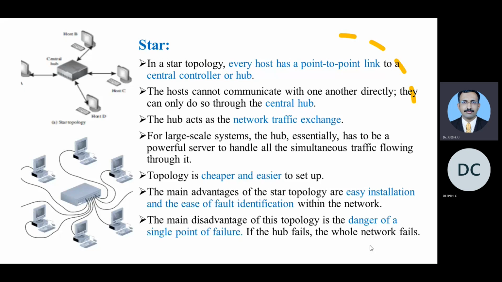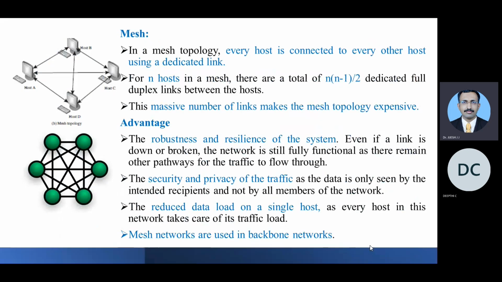I think all of you are clear with that. Then we have also seen the mesh topology. So what is there in the mesh topology? You can see that every host is connected to every other host using a dedicated link. So what will happen when you have a dedicated link? If any link breaks, meaning you lose the connectivity between one host and another, it doesn't mean that you entirely lose the network.